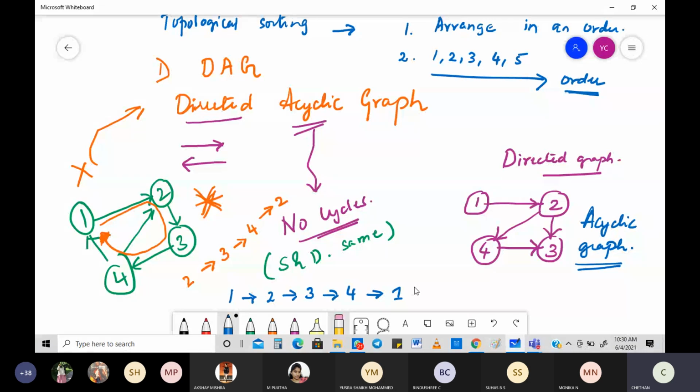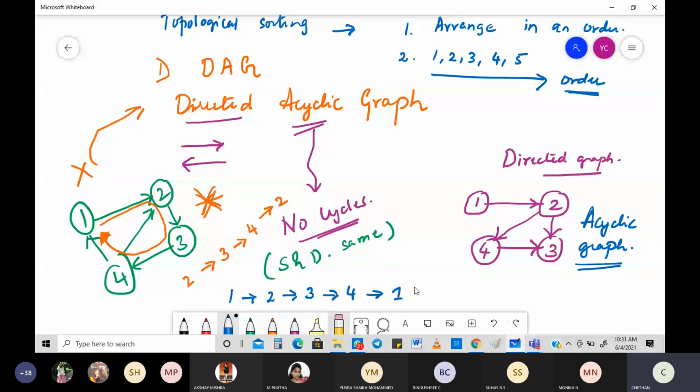Next, for topological sorting to work, what are the things to be kept in mind? Number one, it should be a directed graph, which basically means the edges should have directions, from which node to which node it is going. Second, it should be an acyclic graph, which means it should not contain any cycles.